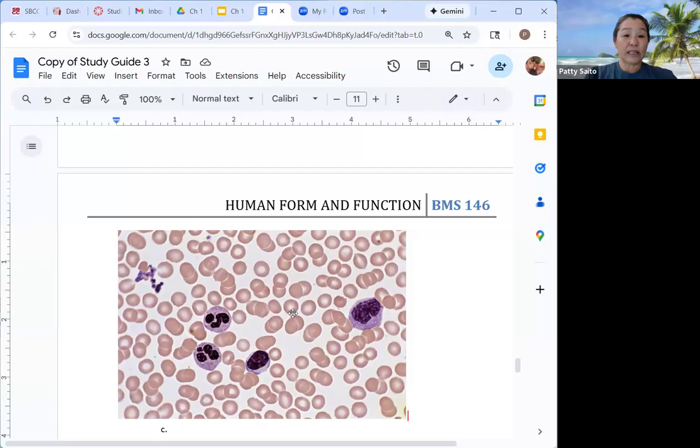Erythrocytes, notice they're a little lighter on the inside. It's because of that biconcave disc. And then platelets are these pieces here of cells. Those are the platelets. And then these would be the leukocytes. All right, so these two are neutrophils. This is a lymphocyte, and this is a monocyte. So there are very distinctive characteristics of each.